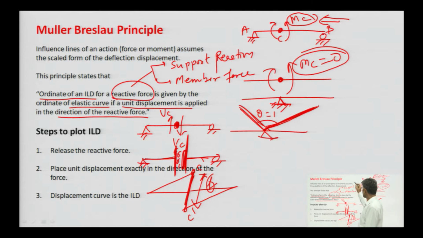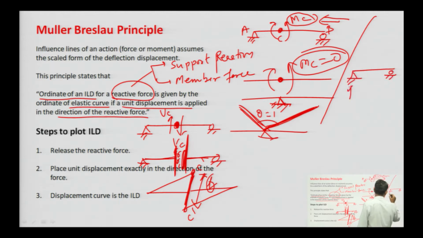Suppose here I have a simply supported beam, and we need to plot the IL for the reaction force RA. Then what do we need to do here? How can this be released?